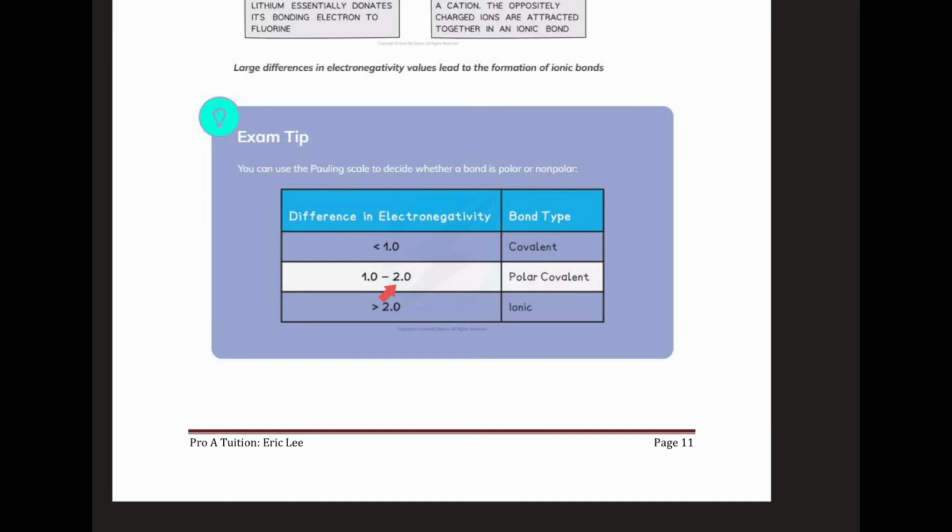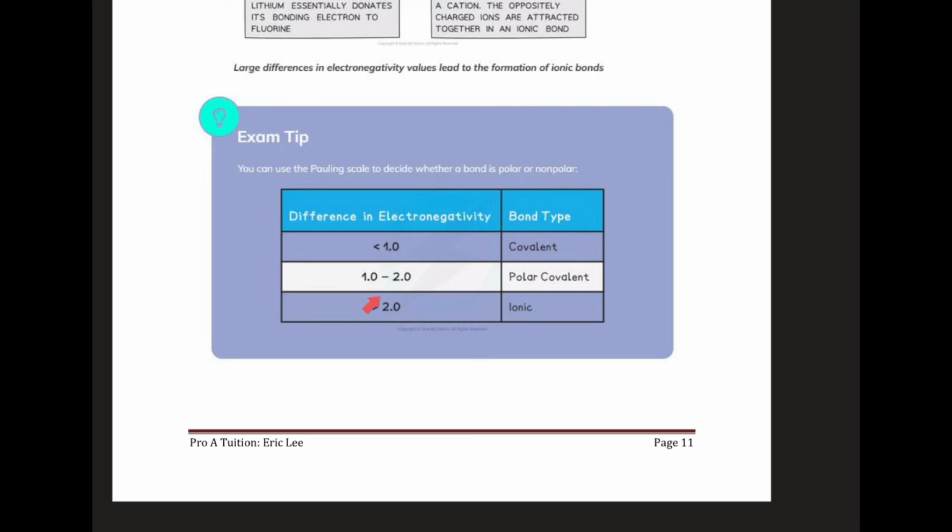So just be flexible with this table. 2.0 is ionic in past papers, and we follow past papers of course, because we sit for the exam. So 2.0 ionic, then 1 point something polar covalent, 0 point something non-polar covalent.